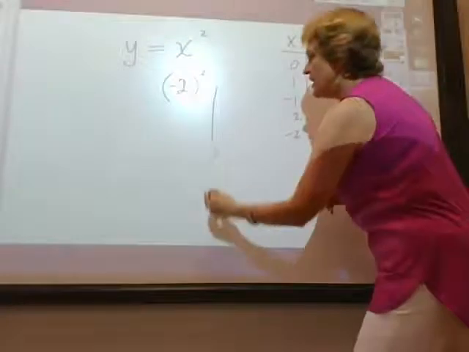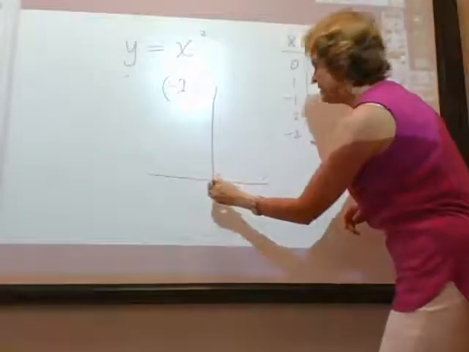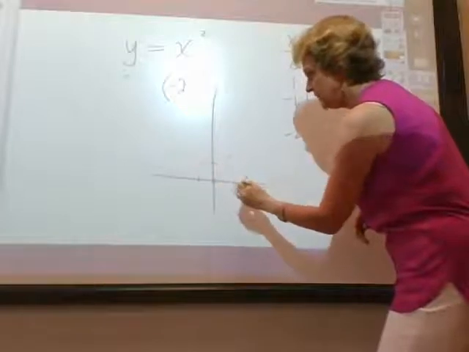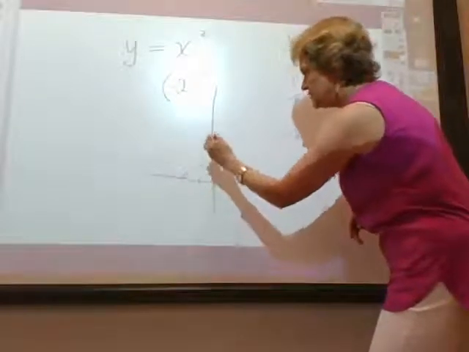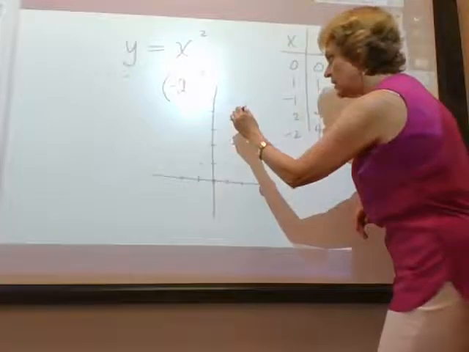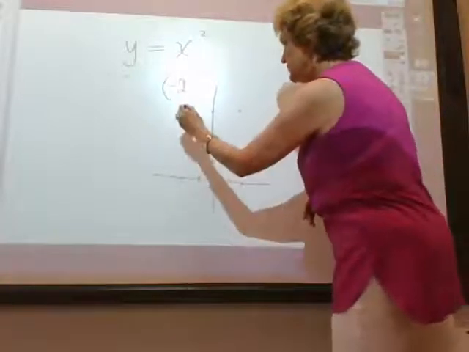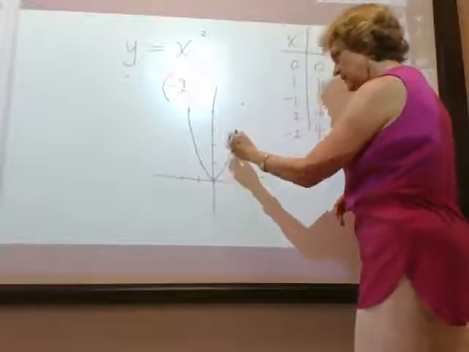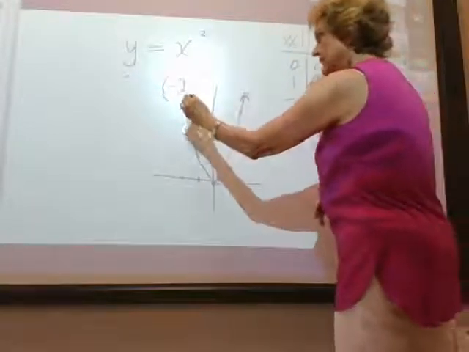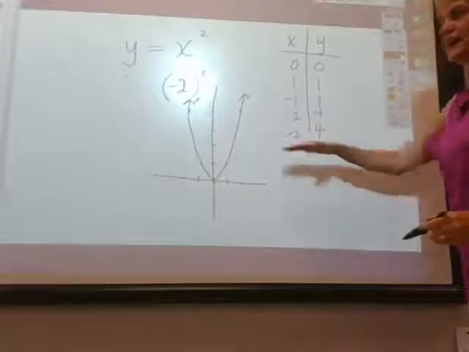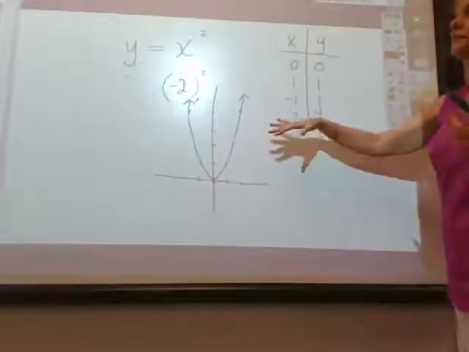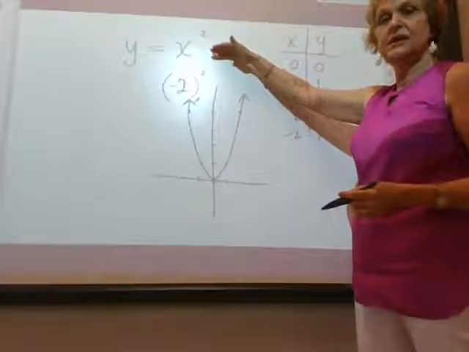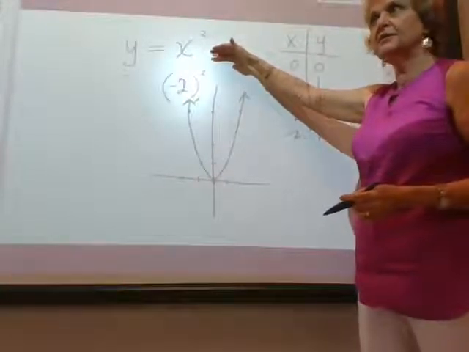So if I plot this, I'm going to be at 0, 0, 1, 1, negative 1, 1, 2, 4, and negative 2, 4. This is not going to be a line, but a parabola. So that is the basic graph of f of x equals x squared, a quadratic function.